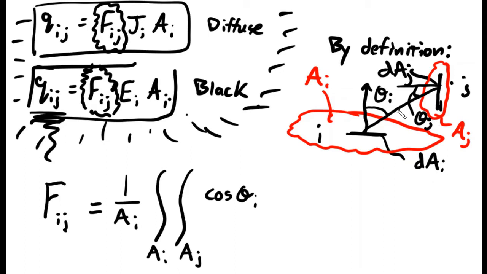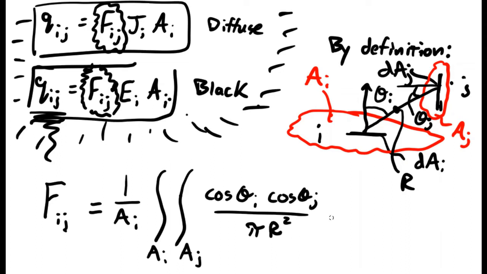And this line between the centers has distance r. So the view factor is cosine theta I times cosine theta j, all divided by pi r squared, times our differential area j.